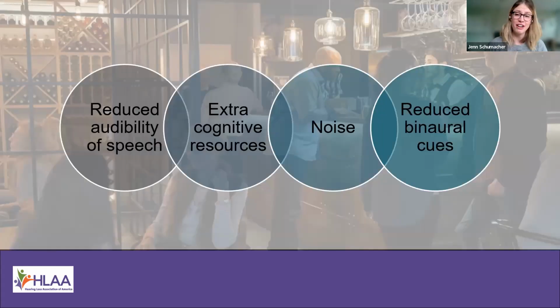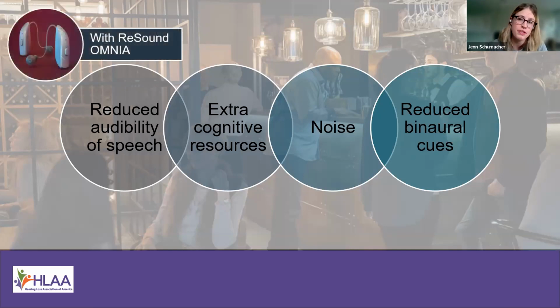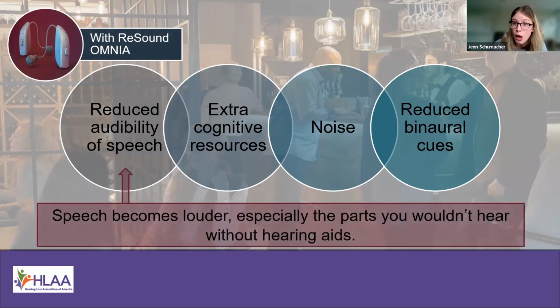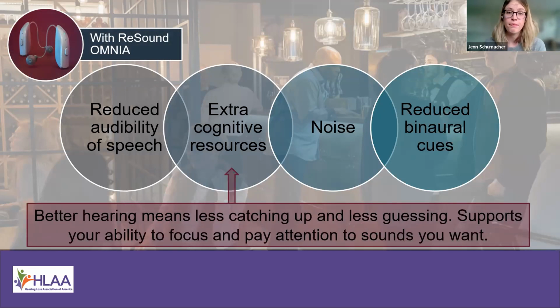Now, I know we've already run out of time. So this just goes through those things that we mentioned that make speech and noise so difficult and why OMNIA helps you with that. In terms of reduced audibility of speech, the hearing aids make speech louder.